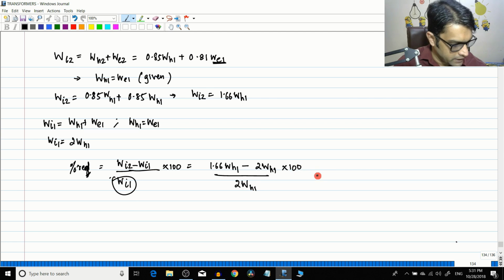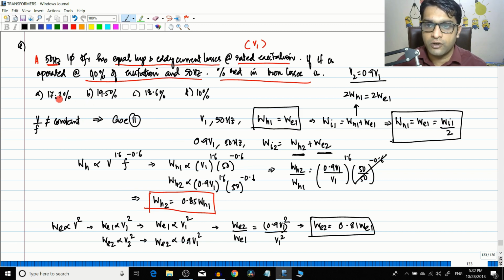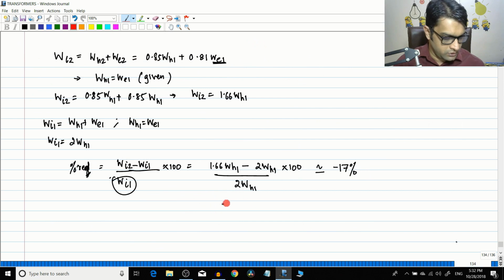So this will give you the percentage reduction in terms of the original value. You will find this value to be around minus 17%. This minus shows the value is decreasing. So the closest answer is answer A, 17.3 they have got. The answer for the first question is answer A.